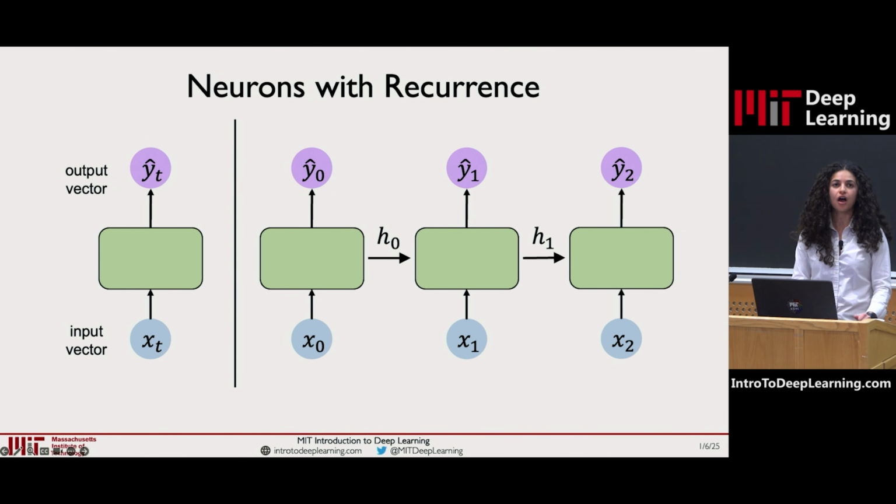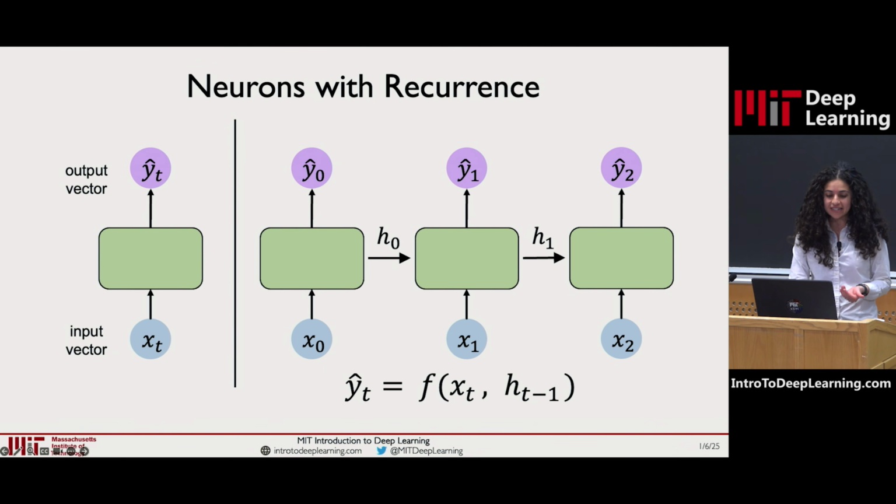Some record of the prior computations that the network has made. And what this means a little more concretely is now our prediction y hat of t at a particular time step should depend not only on the input at that time step, but also the state that's been carried on from the prior time step, this past history and the current input.